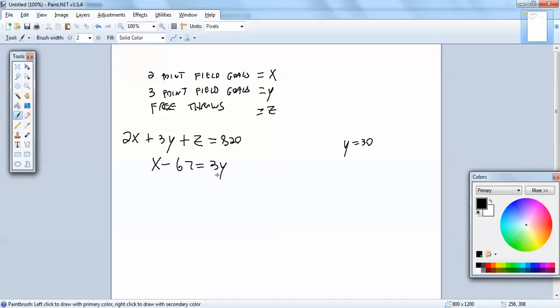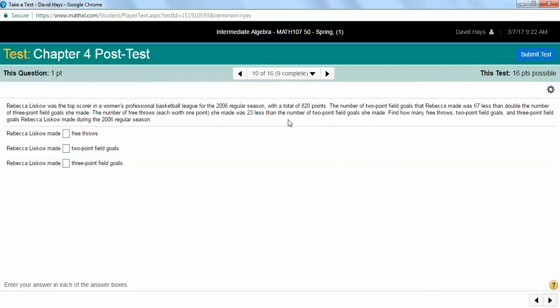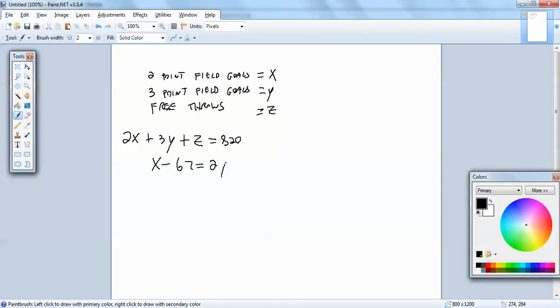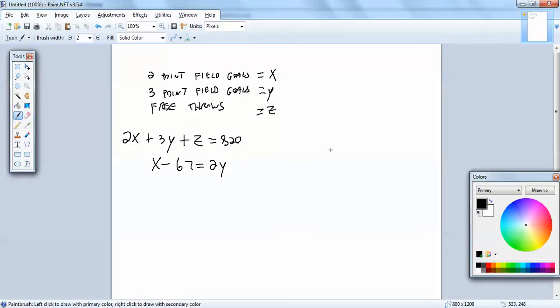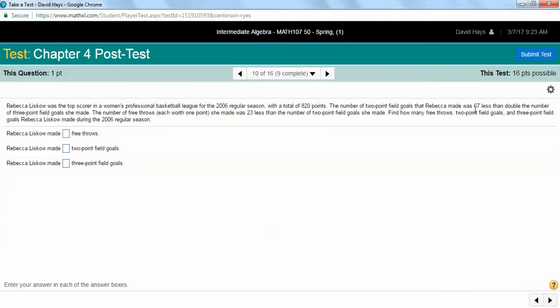Double the number of 3-point goals. Okay, so let's say she made 30 3-point goals. Then 2 times 40 would be 80 total. Was 67 less than double the number of 3-point goals?